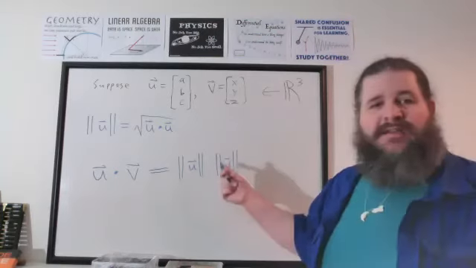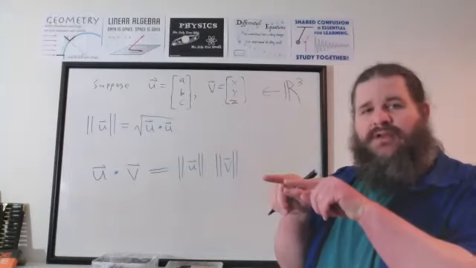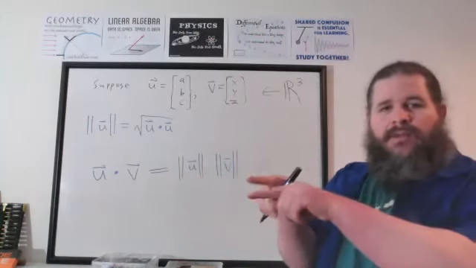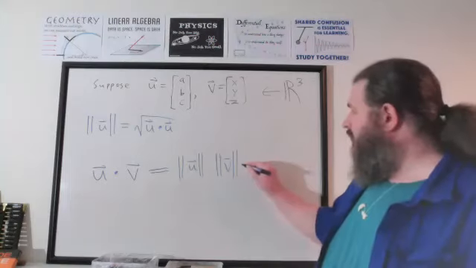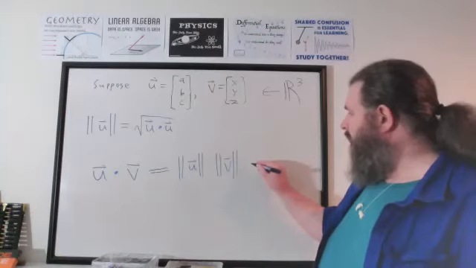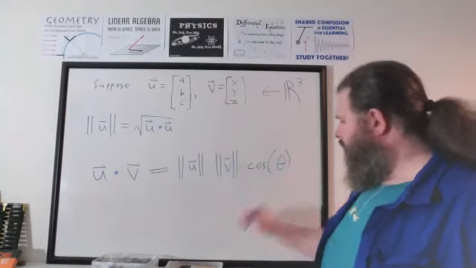This is actually going to be the largest possible. If u and v happen to be in the same direction, then u dot v just gives you magnitude times magnitude. But if they're in different directions, you also have another multiplier that depends on the angle between them. And it turns out that multiplier is cosine of the angle between them.